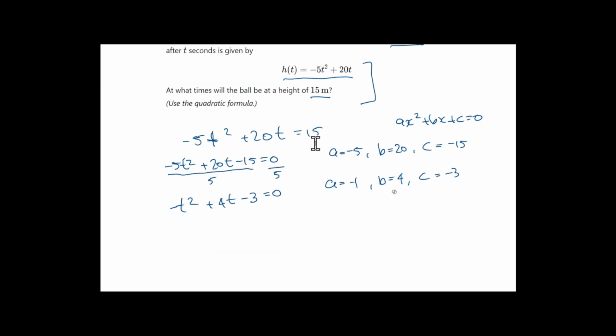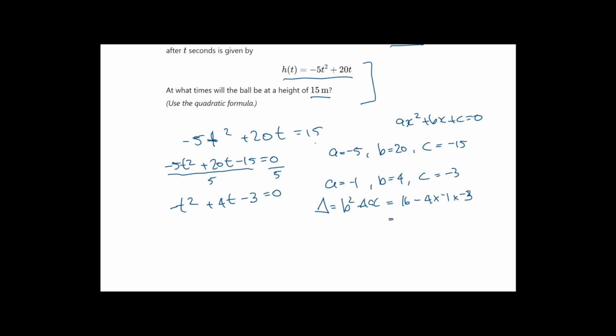Okay. So let's do the discriminant first. So b squared minus 4ac. So b squared is going to be 4 squared, which is 16, minus 4 times negative 1 times negative 3.